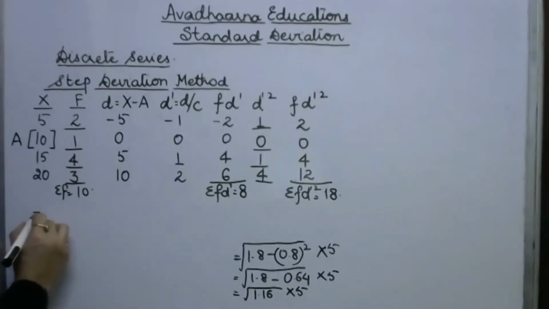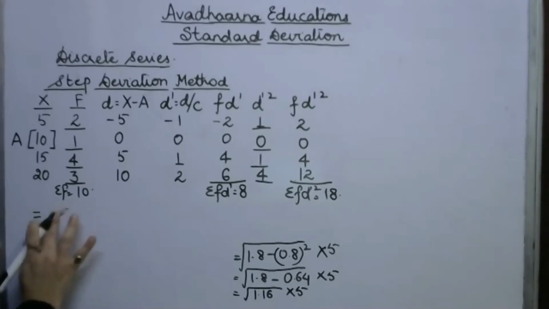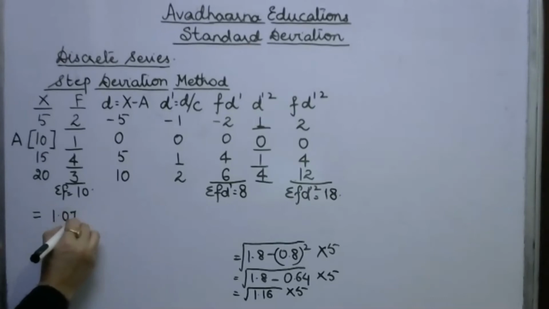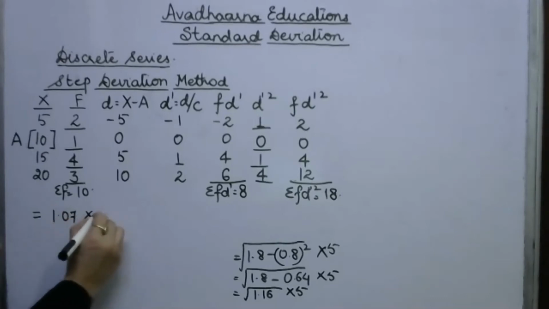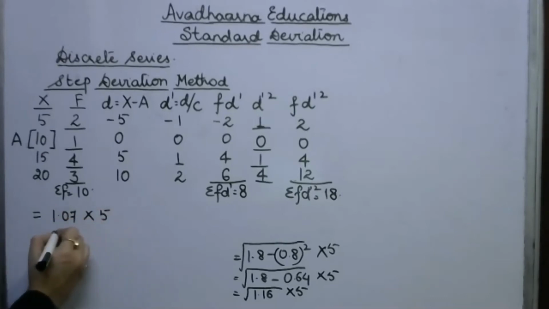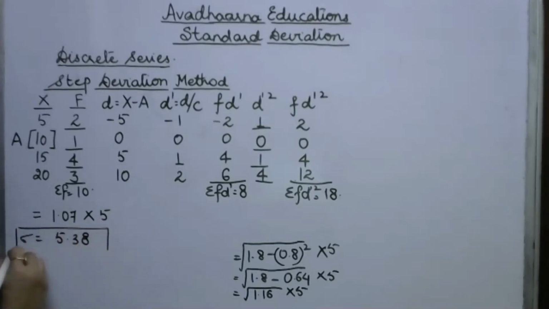Under root of 1.16 is 1.07, into 5. If I multiply it by 5, we are going to get 5.38. So the standard deviation of the series is 5.38. This is the answer.